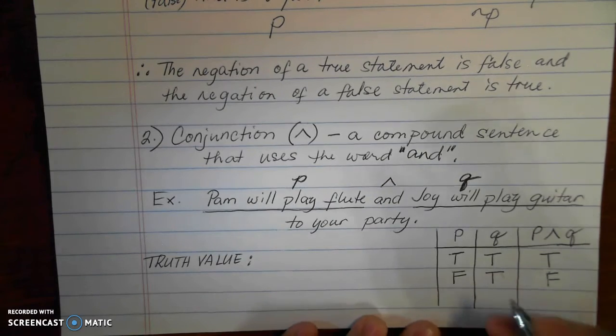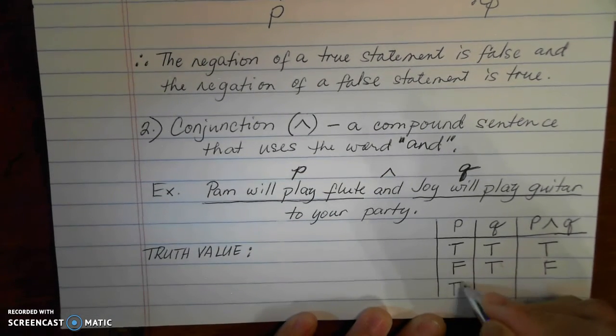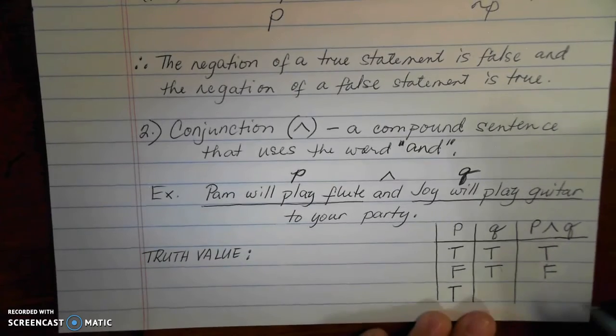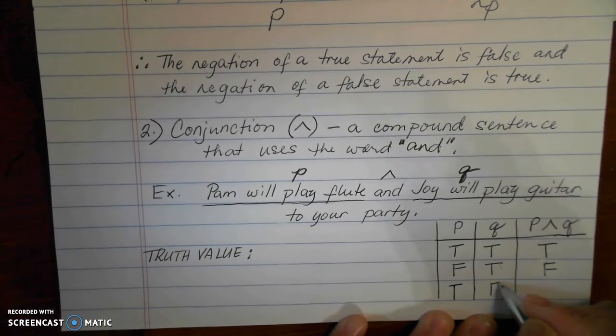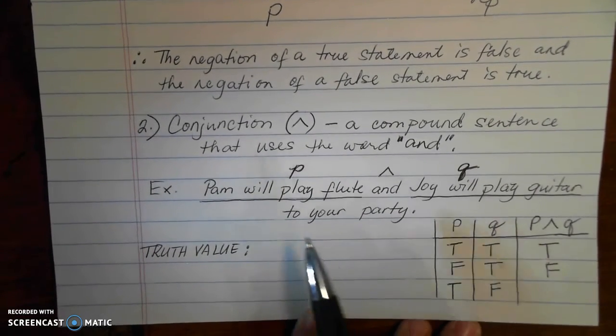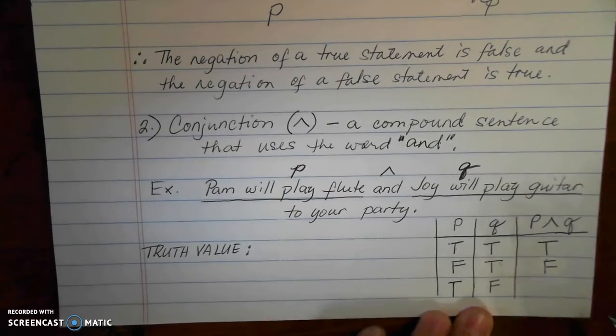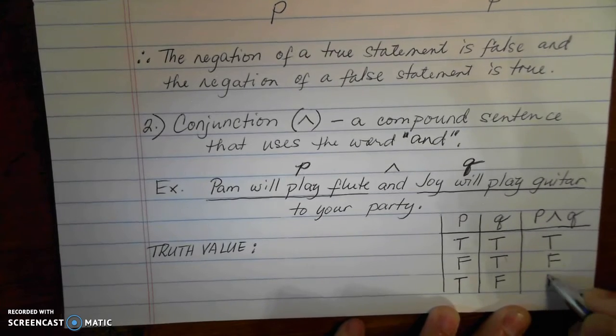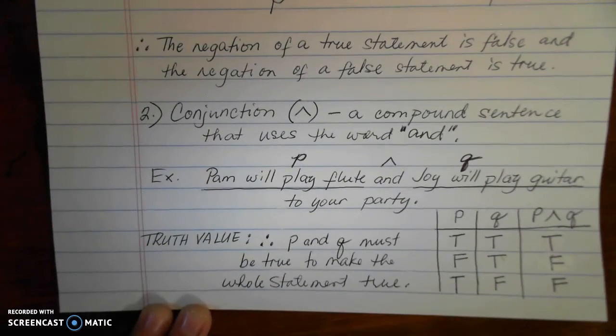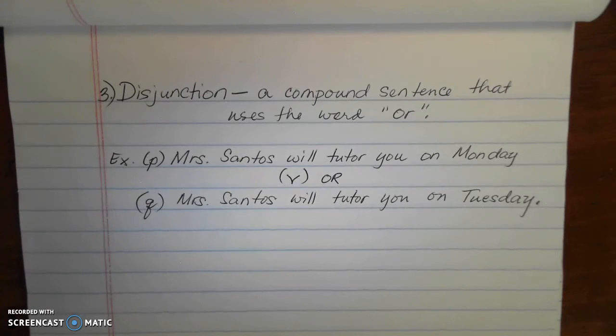In the same way, if P is true, which means Pam plays the flute, but Joy did not, since from the beginning you said it would be Pam and Joy, the whole statement becomes false. Therefore, in a conjunction statement, P and Q must both be true to make the whole statement true. At this point, you may need to flip over your paper already.